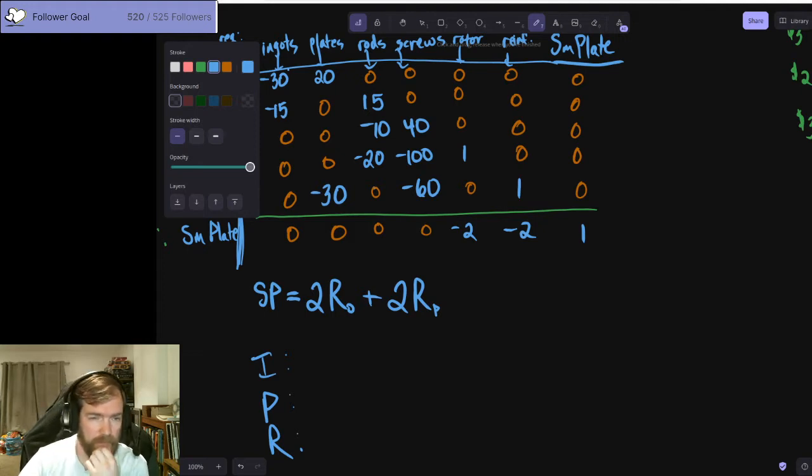Okay, here we go. So, iron ingot, you can create 30 per minute. Okay, that is literally what I wrote on here. So all of these are per minute.